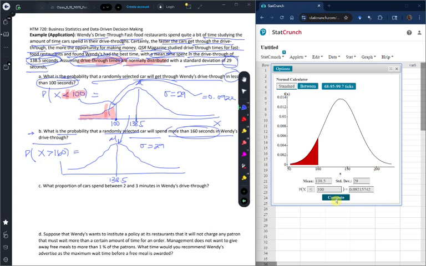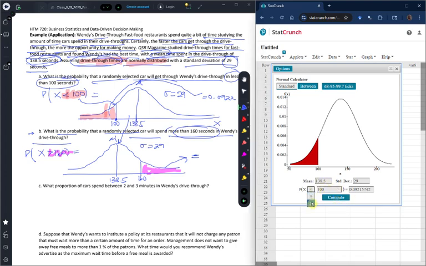I will locate 160, which should be to the right of the mean, and I'm interested in the area above 160, which means the right of it. And I'm interested in the size of that area, the proportion of drive-through times that meets that criteria.